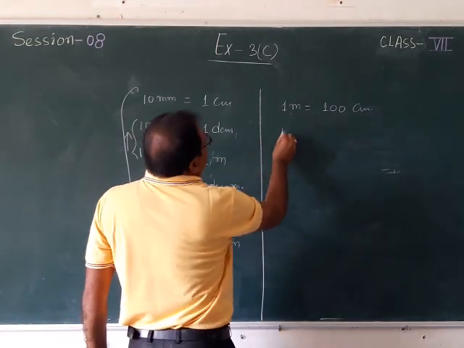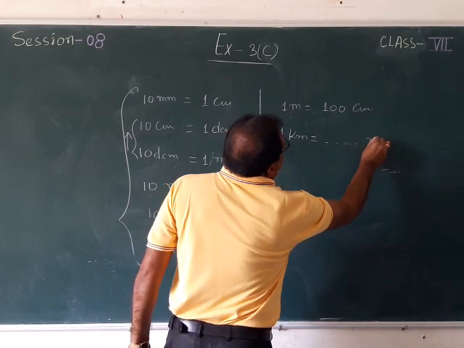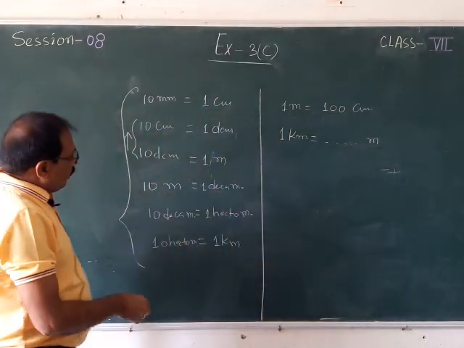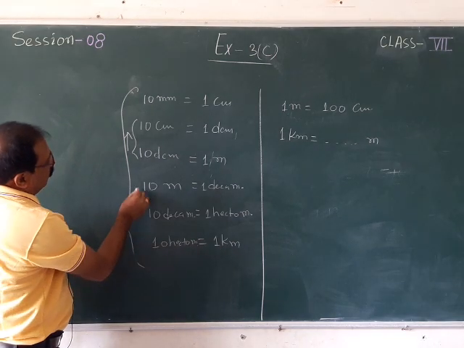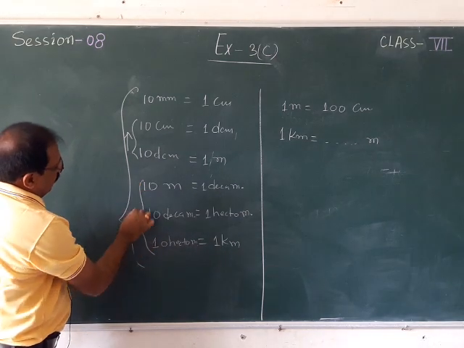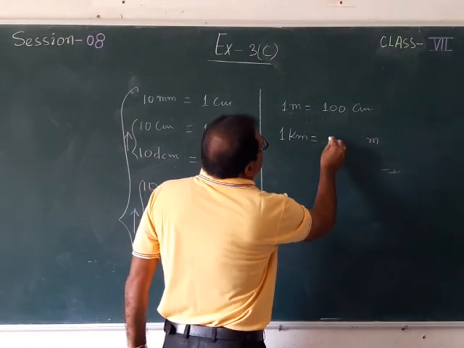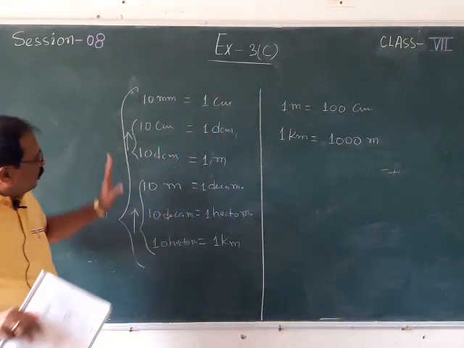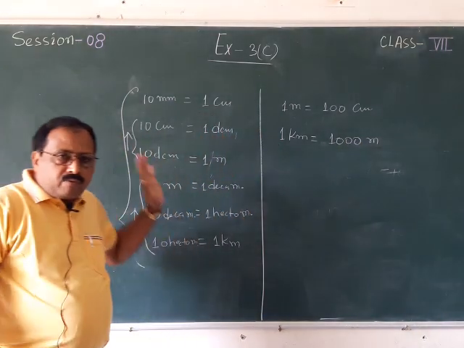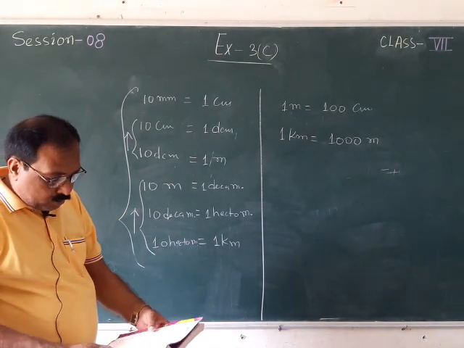Suppose I am asking you 1 kilometer means how many meter? You will be coming to kilometer and just going to meter. You can see that 3 tens you are going upside, that means 1 kilometer means 1000 meter. So this will be helpful in finding the relation between the units of length.